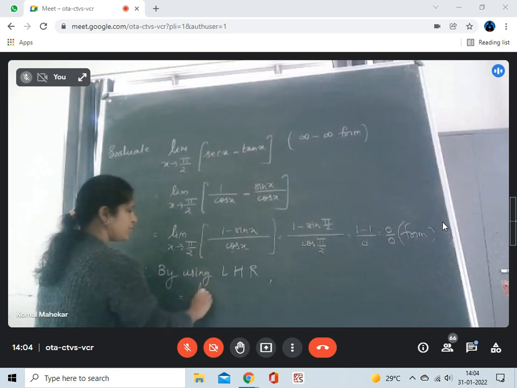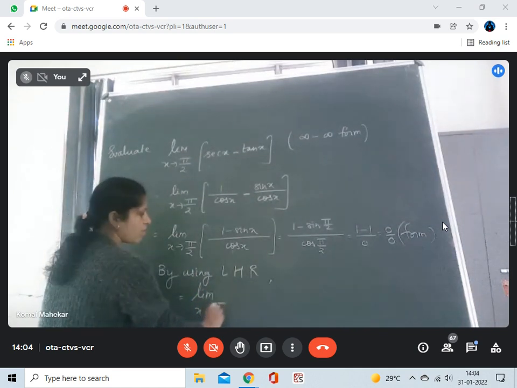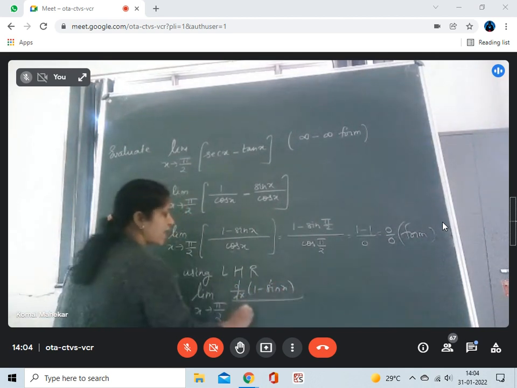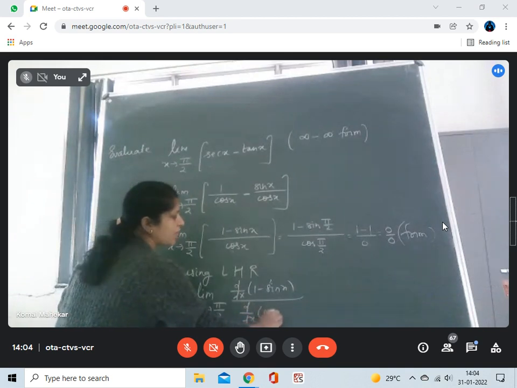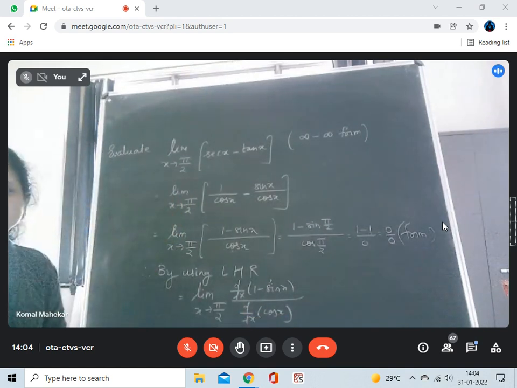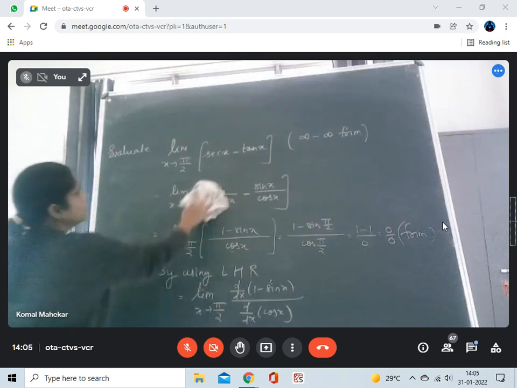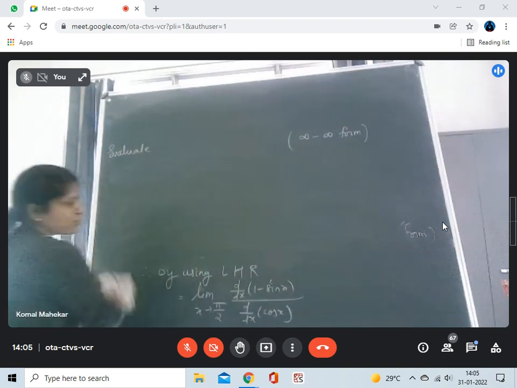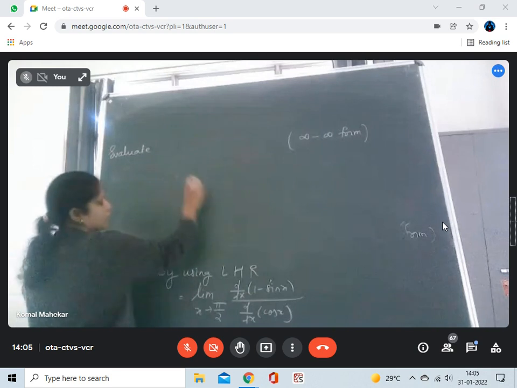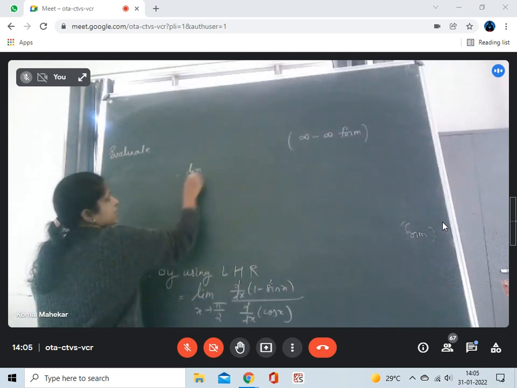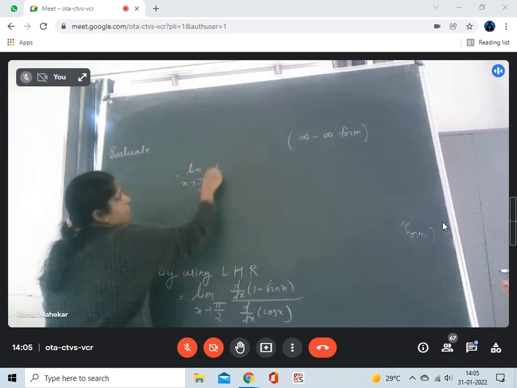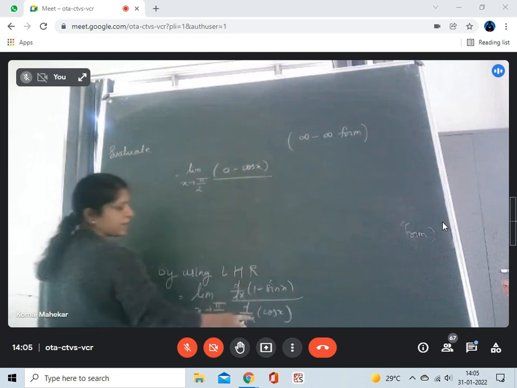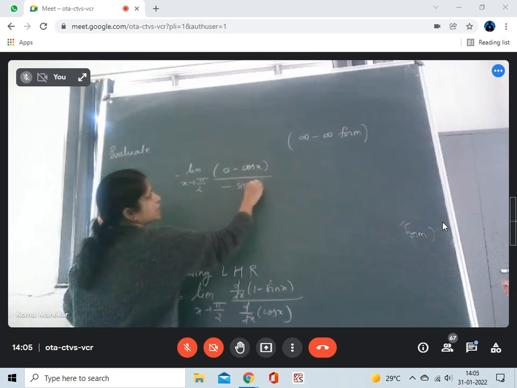So this limit will be limit x tends to pi by 2 of d by dx of 1 minus sin x divided by d by dx of cos x. The derivative of 1 is 0, minus the derivative of sin x, which is cos x, divided by the derivative of cos x, which is minus sin x.